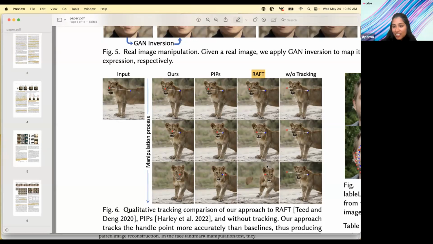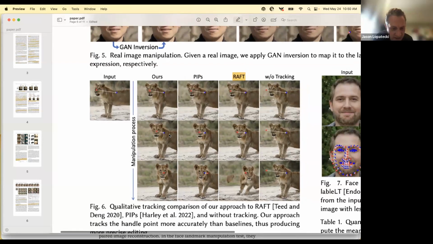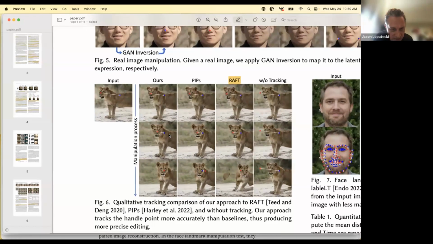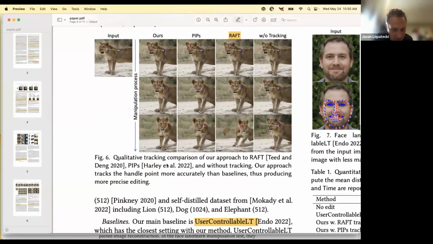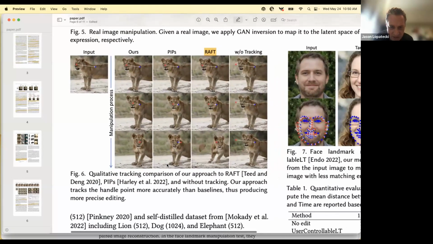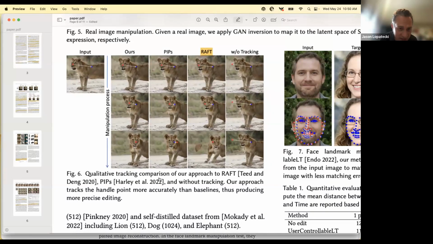I couldn't actually tell that much of a difference with PIPs, but I think that was probably the closest to the new paper here. Yeah, and I think the point is, that is just image movement, and it's just point tracking, not actually image manipulation.